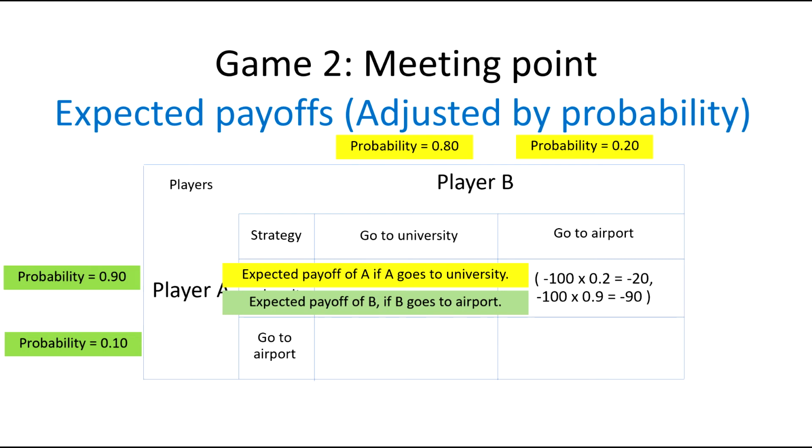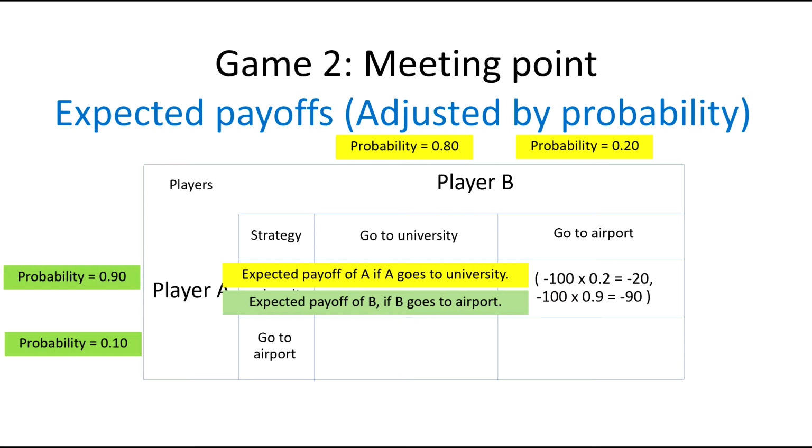Now we turn to the last cell. We see that if A goes to university but B goes to the airport, of course A will lose 100 U-turns, but with the probability of just 0.2. Therefore, A can expect to lose 20 U-turns.